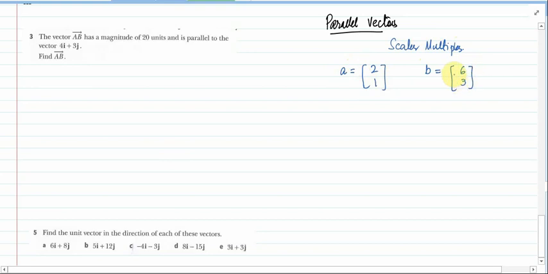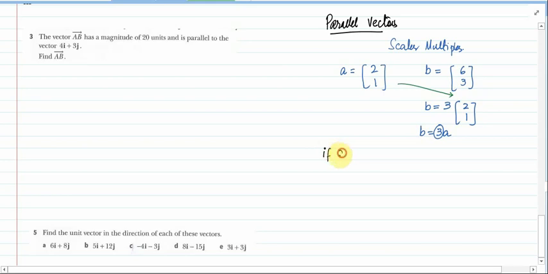If I take 3 common from vector B, it equals 2 and 1, which is exactly the same as vector A. So I can say that B is equal to 3 times vector A, and that is what I mean by a scalar multiple. If you multiply your vector by a constant and the same vector appears, then they are called parallel vectors. How do we write parallel vectors?